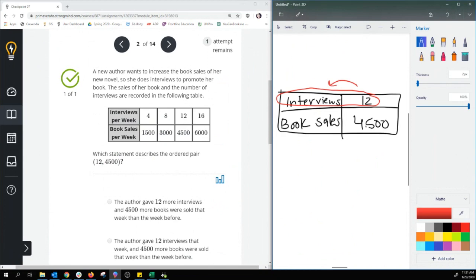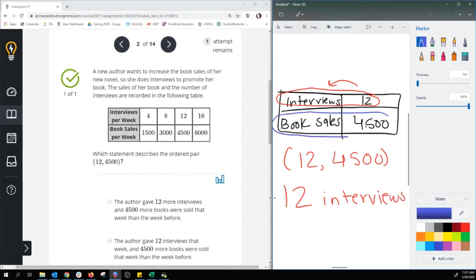So 12 is talking about the number of interviews. So when we have this point 12 comma 4,500, the 12 is talking about 12 interviews. And so when she does those 12 interviews, how many books does she sell? 4,500, right? So if she does 12 interviews, she will sell 4,500 books.